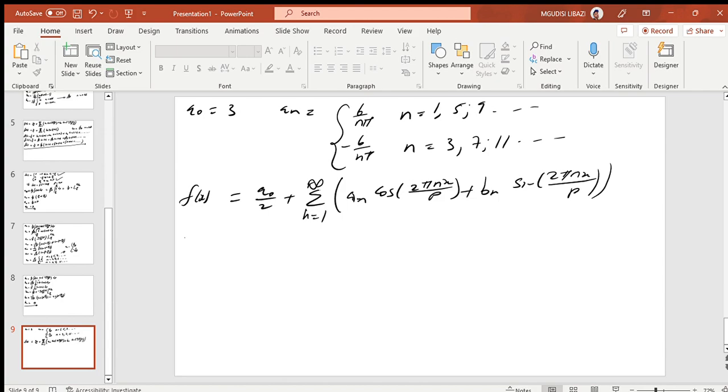First of all, I'm going to simplify that to f of x equal to, in place of a0 I put 3, so that becomes 3 over 2, plus the sum from n equal to 1 to infinity of an cosine, and when I substitute the period there, I'm left with nx. The bn term will just be 0 because we found b to be 0.